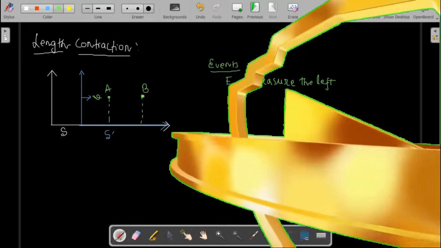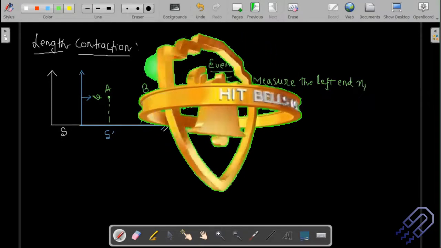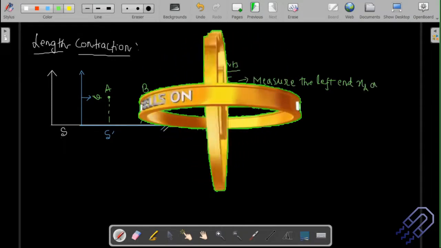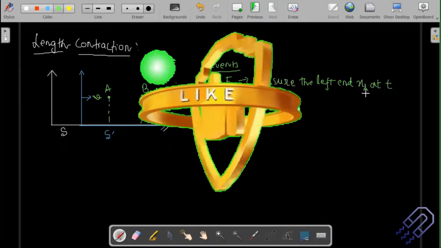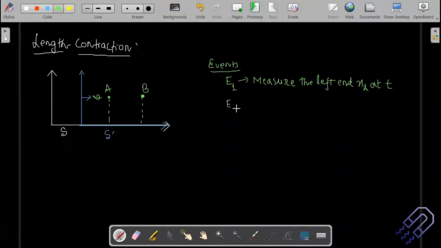Measure the left end, xa at t. Just to make it clear, xa signifies that this is the x coordinate of A, so I've written the subscript a. This is one event, and the second event would be: measure the right end, xb at t. At the same time, we are measuring both ends.